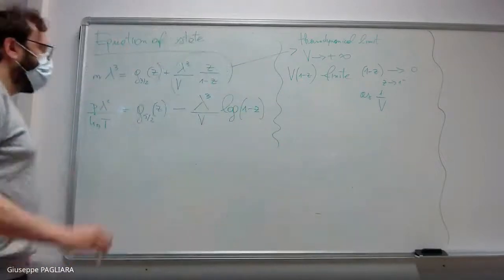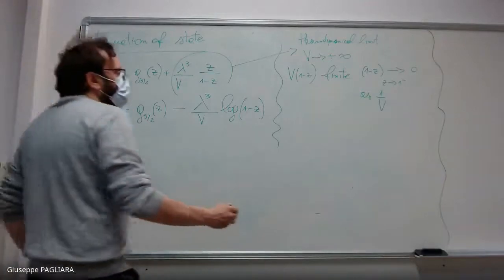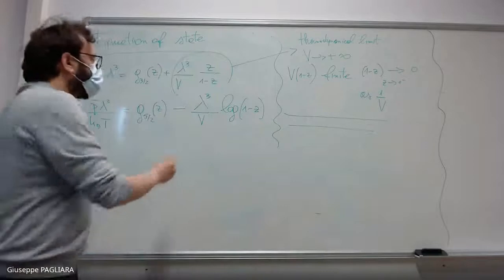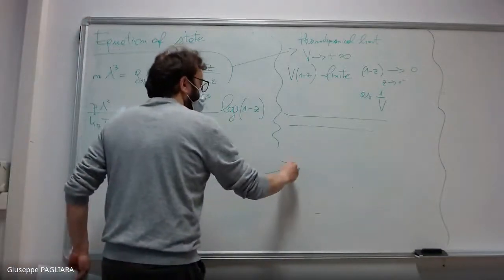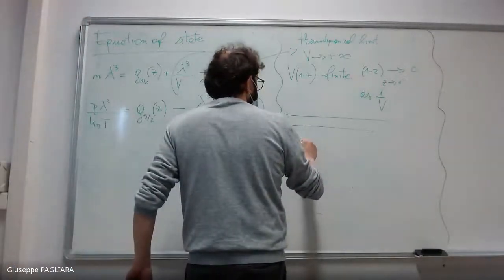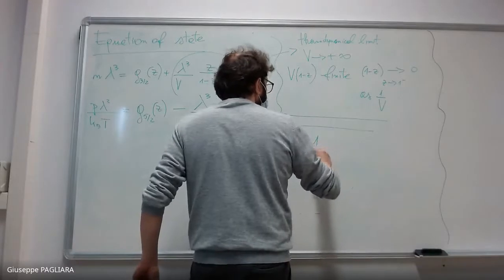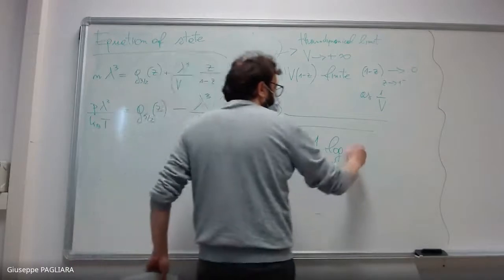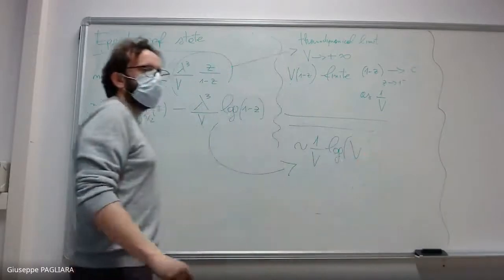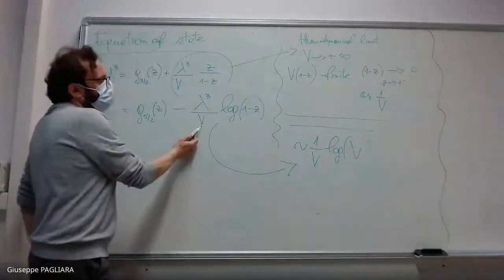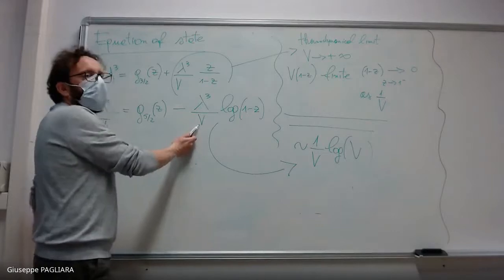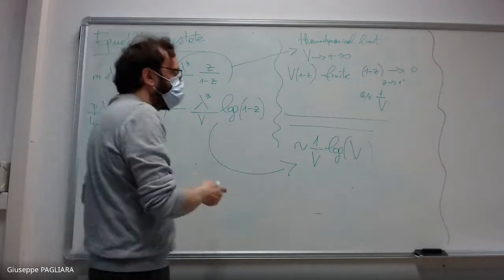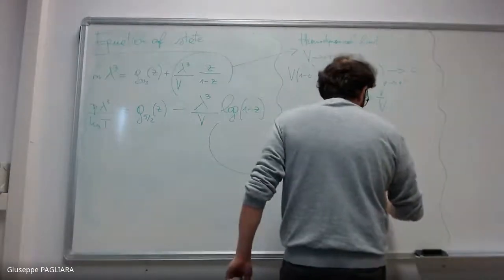Okay, and now you see the trick, because if this is true, when I consider this term here, in the thermodynamical limit, this is proportional to 1 over the volume times a log of 1 over Z, which scales as the volume. And therefore it is suppressed by 1 over the volume times the log of V. Okay, so this is actually 0 in the thermodynamical limit.